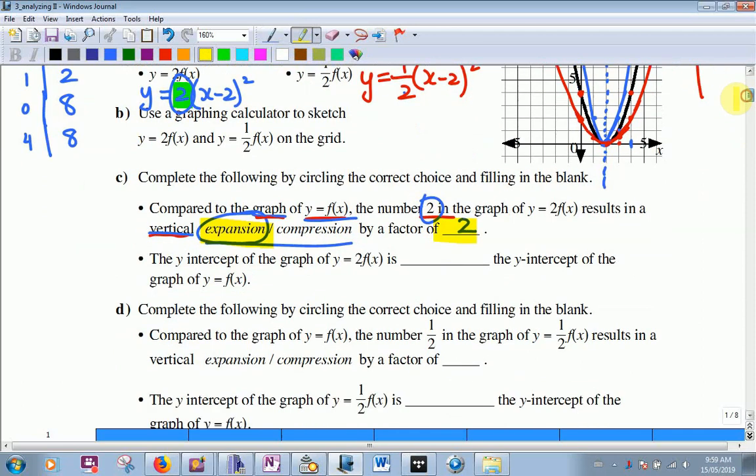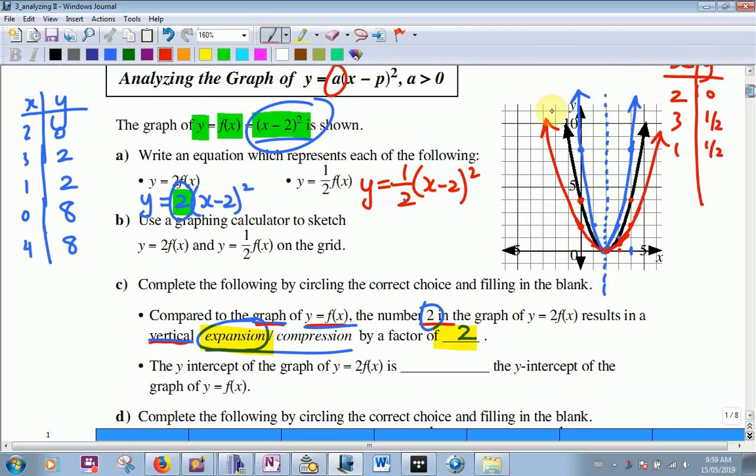And D, compared to the graph of that, what did half do? Well, we saw it made it a little wider, but we're going to call it, well, now you know what the one is, you know what the other one is. So what might help is visualize this.